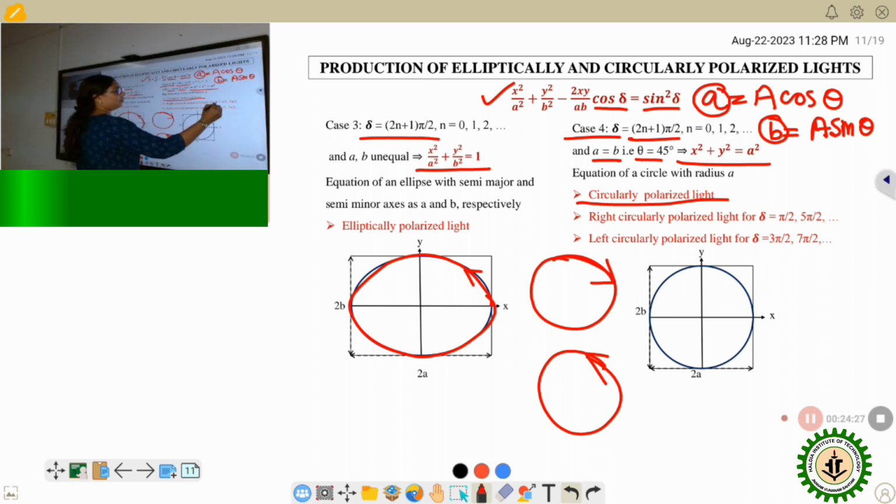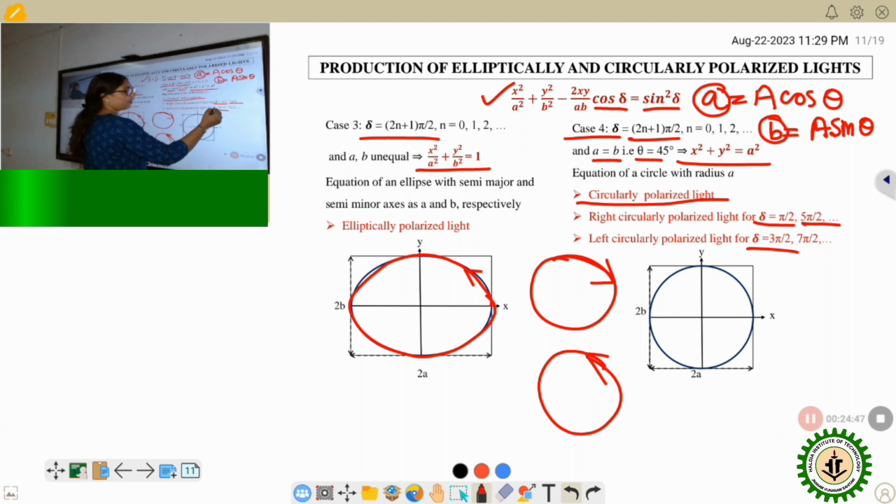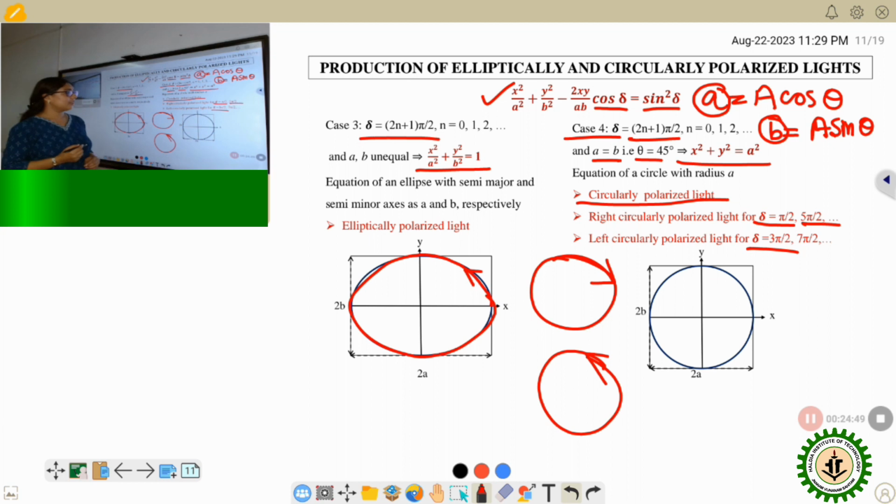So generally for delta equal to pi by 2, 5 pi by 2, that is 90 degree, then 540 degree, we get right circularly polarized light. For left circularly polarized light, delta will be minus 90 degree. Minus 90 degree can be represented by 3 pi by 2. So delta 3 pi by 2, 7 pi by 2 gives us left circularly polarized light. Thus by superposition of different plane polarized light, we can generate different states of polarized light.